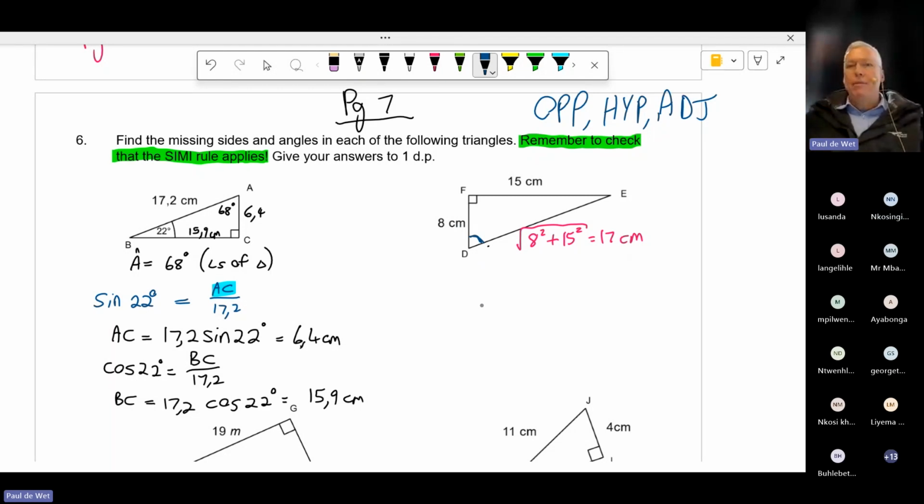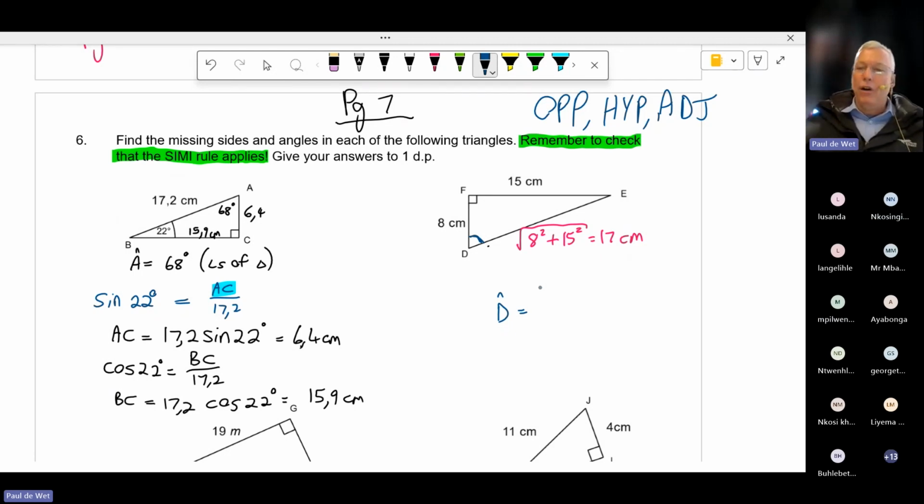Put your hand up if you can tell me how I am going to find the angle D. I'm wanting a little equation, either sine of D or cos of D or tan of D. This is easy if you have learned your definitions. Sine is opposite over hypotenuse, cos is adjacent over hypotenuse.